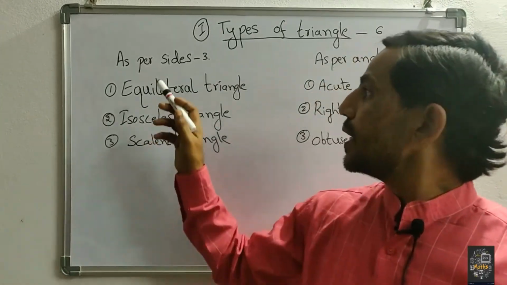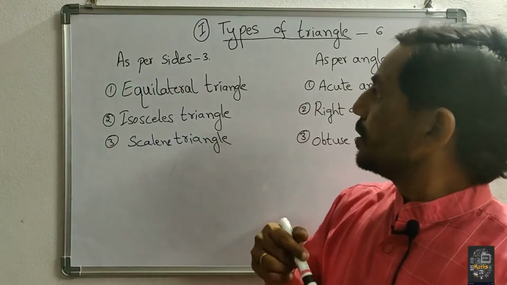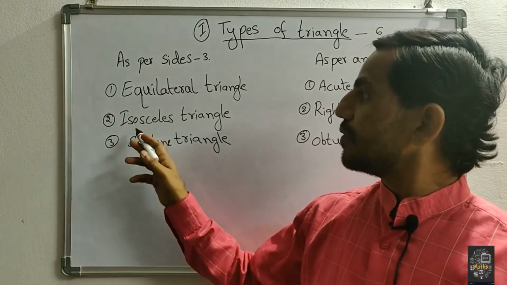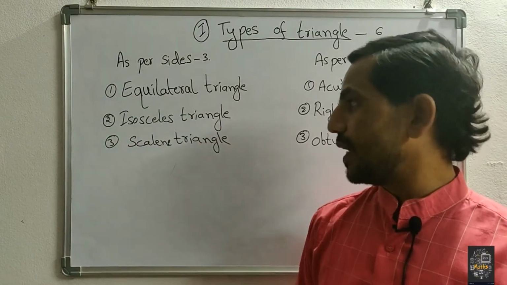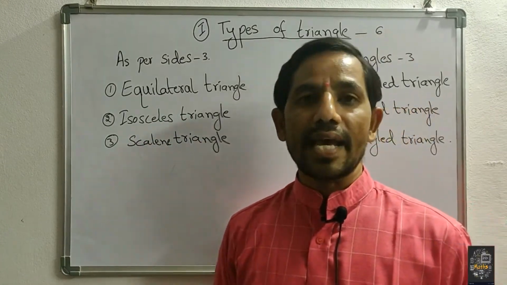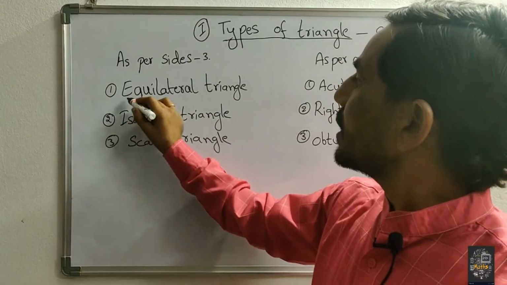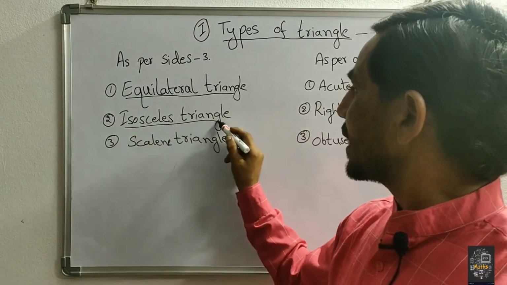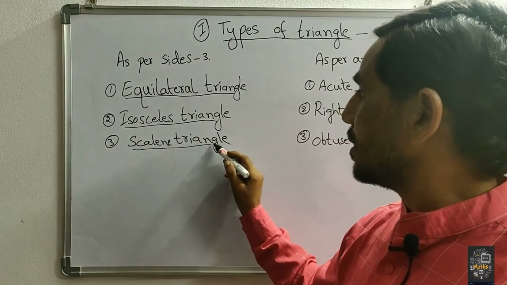As per sides, the first one is the equilateral triangle, the second one is the isosceles triangle, and the third one is the scalene triangle.